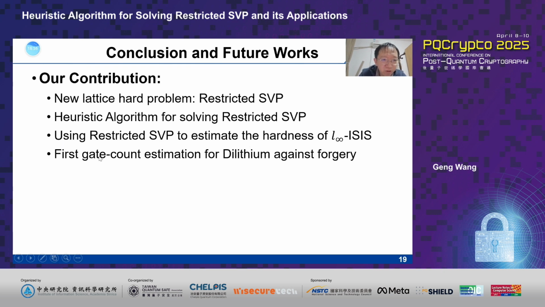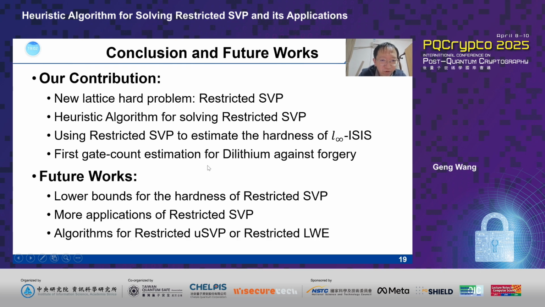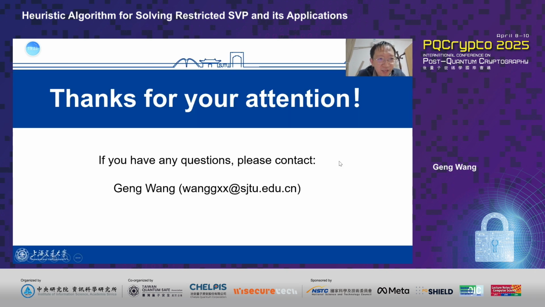This can be turned into the first gate count estimation for DSM against signature forgery. For our future works, we can consider lower bounds for the hardness of restricted SVP, or consider more applications for restricted SVP. Furthermore, we try to find algorithms for restricted USVP or restricted LWE. And this is the end of this talk.